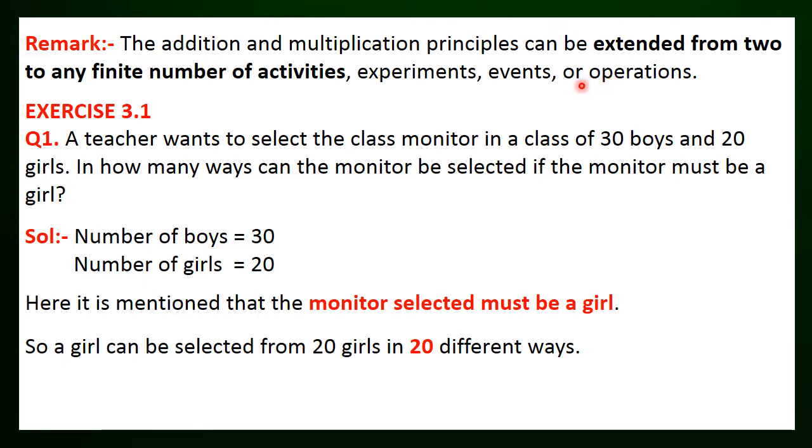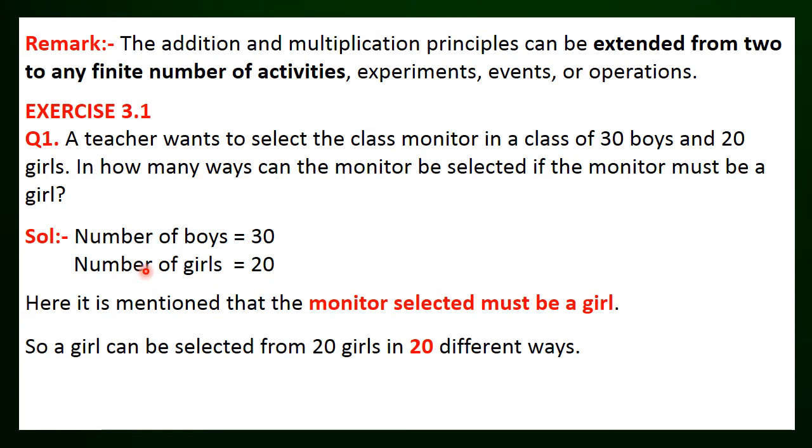Now let us solve the sums of exercise 3.1. Question number 1. A teacher wants to select the class monitor in a class of 30 boys and 20 girls. In how many ways can the monitor be selected if the monitor must be a girl? Here it is mentioned the condition that the monitor must be a girl.